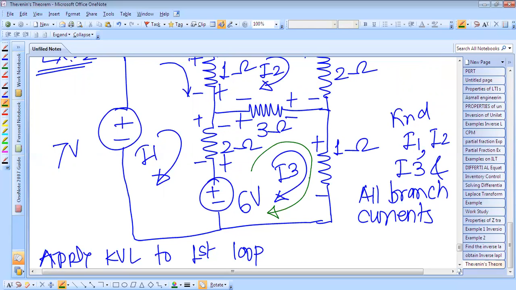Again, there is a fall in potential in this 1 ohm resistor because of this I3, and again there is a plus 6 volt voltage source in this loop. Again there is a fall in potential because of this I3 in the 2 ohm resistor, but there is a rise in potential because of this current I1 in this resistance. Accordingly, we have to write the equations.